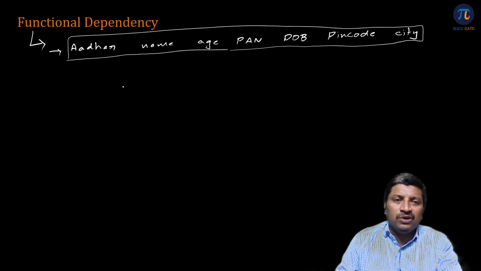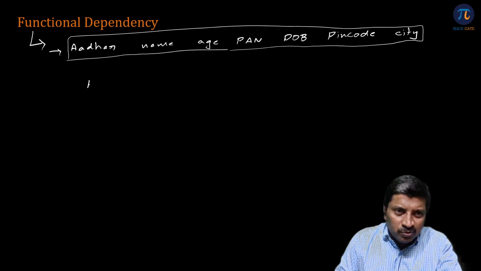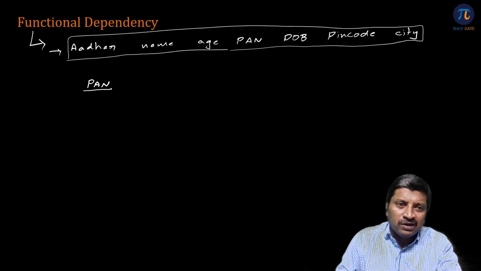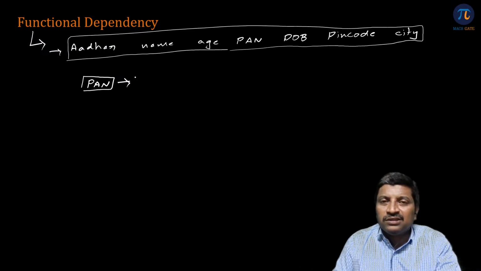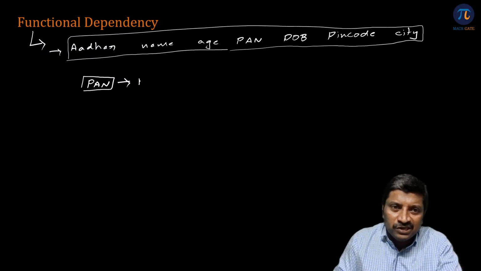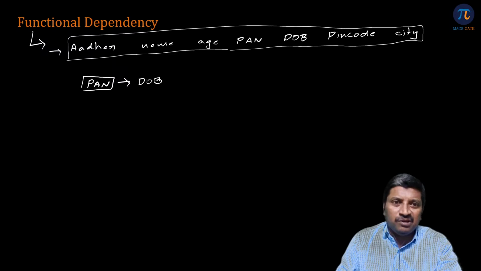Now listen to me. For example, suppose I know the PAN card of a particular candidate. Now the question is, with the help of PAN card, what are the other details we can get? Date of birth. Am I right, sir?